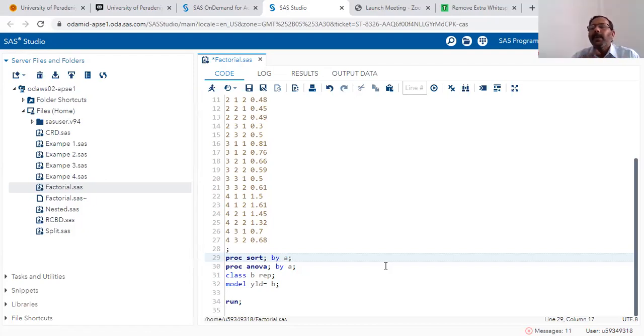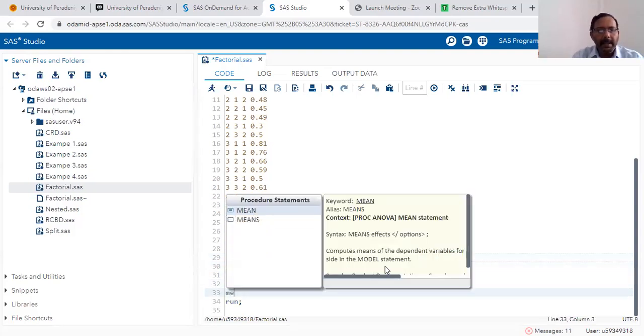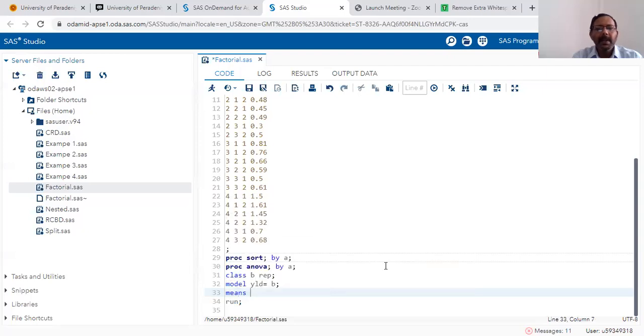No factor A, no interaction. Right, now again we do yesterday's command, means. We'll have to do the mean separation for levels of B, so I will say B slash, whatever the method that I follow. LSD is the method that I am planning. So I type LSD.